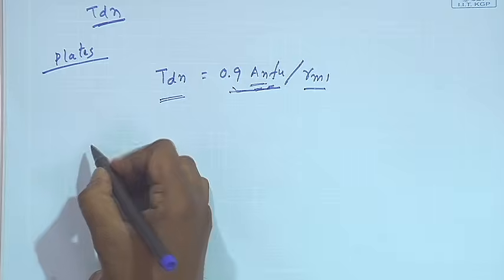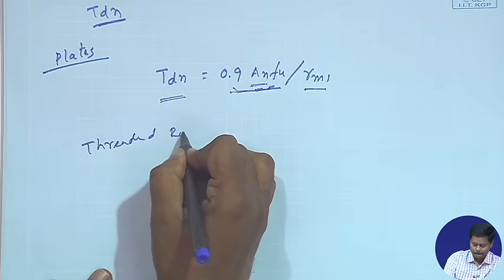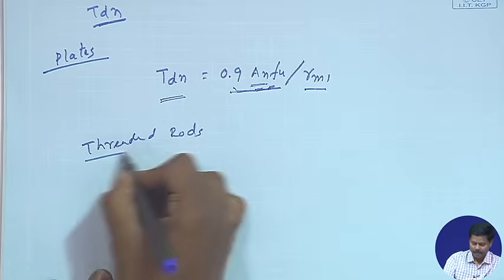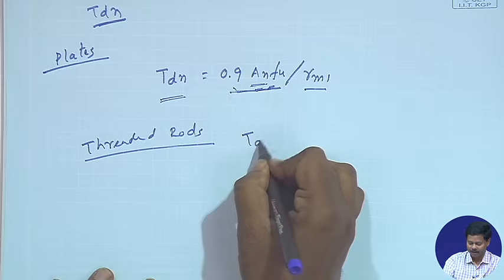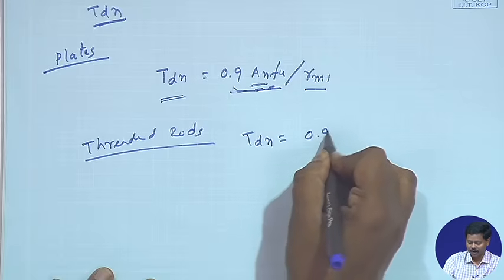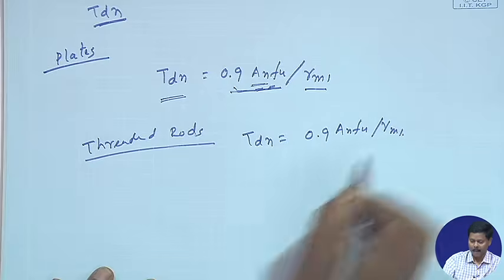Now, in the case of threaded rods, the same formula can be used: TDN equals 0.9 An Fu by gamma m1.